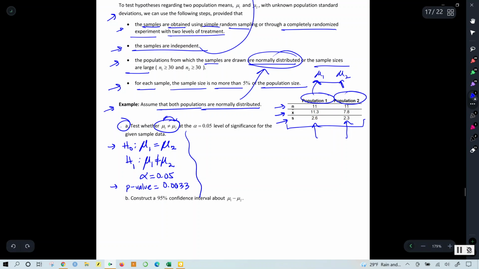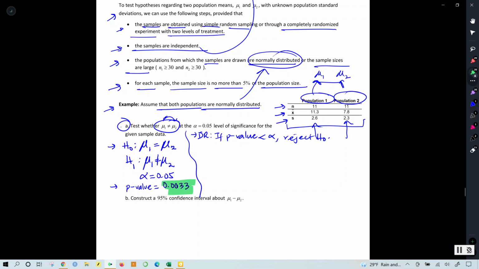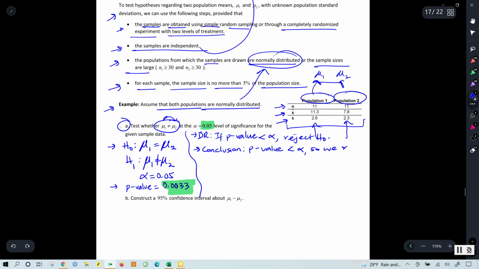And the decision rule, as usual, is if the p-value is less than alpha, reject the null hypothesis. So I need to check if that condition is met. My p-value is 0.0033, and the alpha is 0.05. So my conclusion is ready. The p-value is less than alpha, so we reject the null hypothesis.